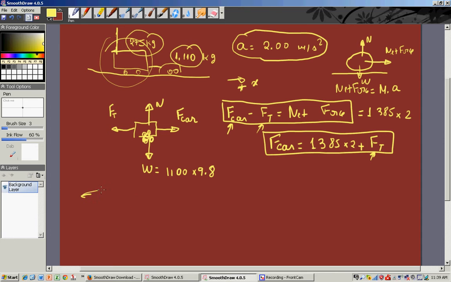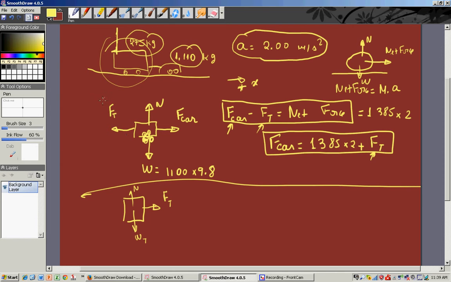So what do we do? Well, we now isolate this guy down here. So if you take the trailer out and isolate it, we have the weight of the trailer, we have the normal force on the trailer, remember there is no friction, and there is the reaction to that Ft that I was considering here.